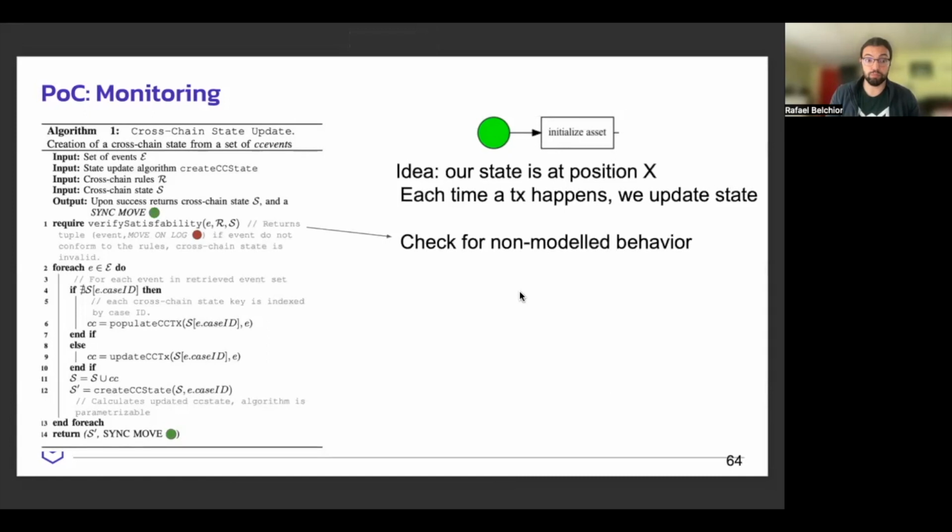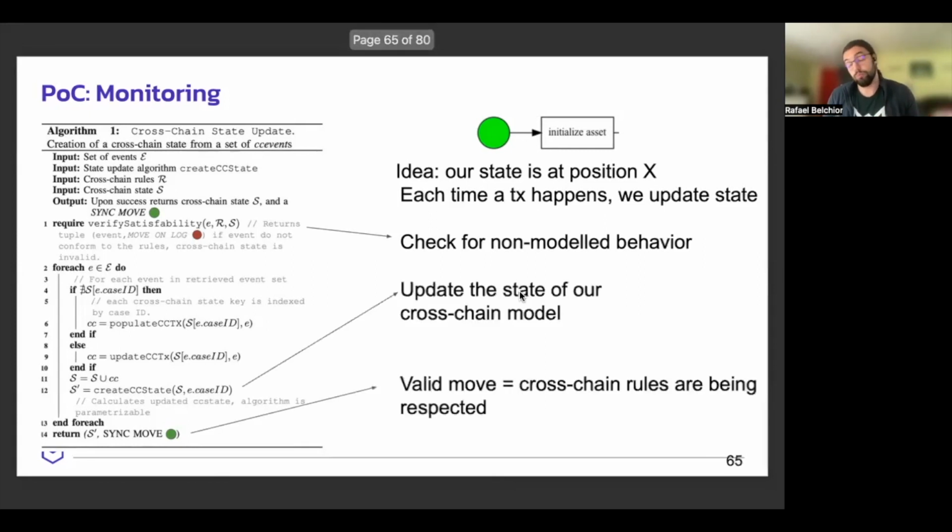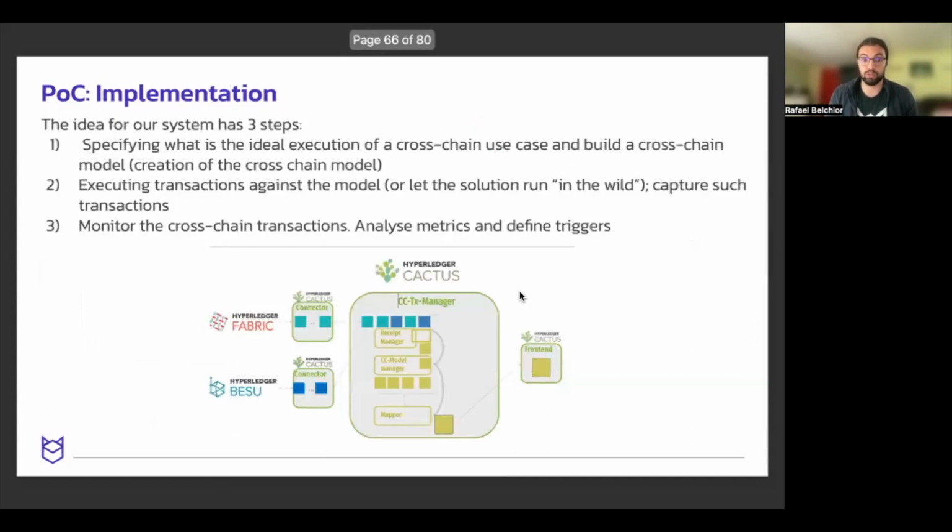Basically, if the transactions that are incoming in the form of events, we call them events here instead of transactions, conform to the model, then we update the model by creating a new cross-chain state. So we have cross-chain state, transaction, new cross-chain state. And after we create the cross-chain state, we just return the new state and we say everything was fine, the cross-chain rules are being respected.